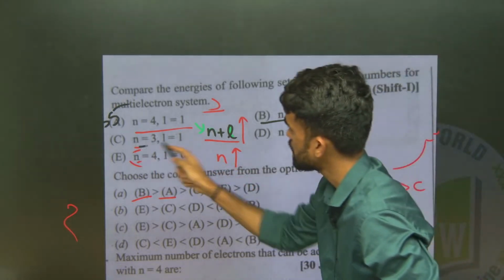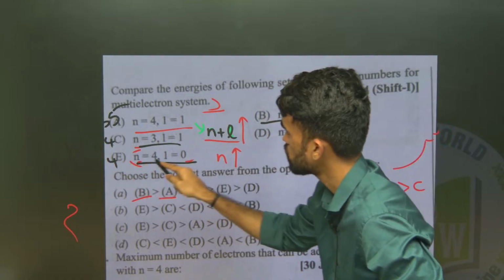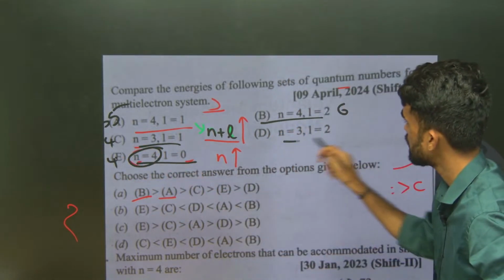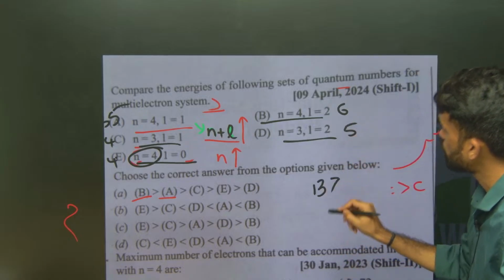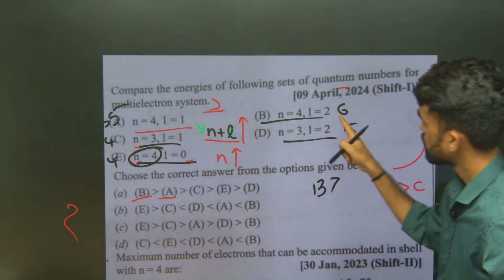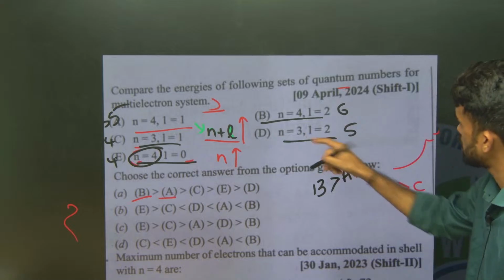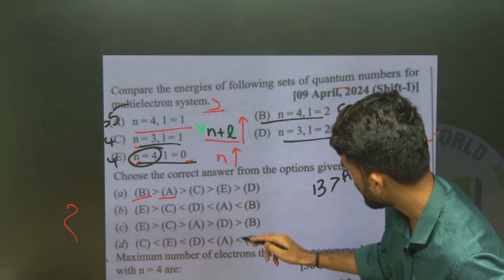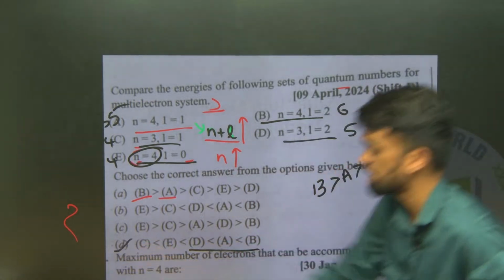In the third case it is 3 plus 1, 4, and here also 4, but you know greater n value here, so it will be having more energy than this C, and here it is 5. Based on this, B is greater. After B we have 5 here, so A I am taking, and after this D. Write like this, BAD. Where do we have BAD? Yes, here we have option number 4 as the answer.